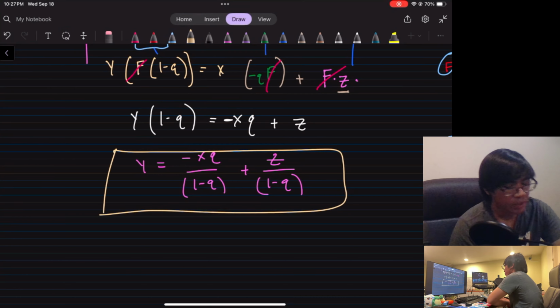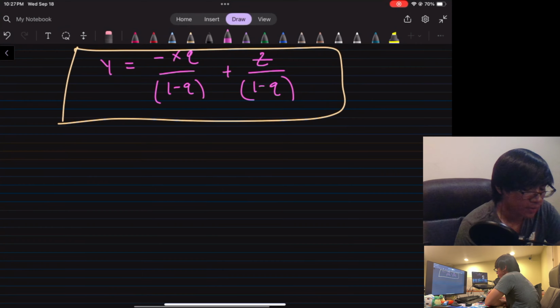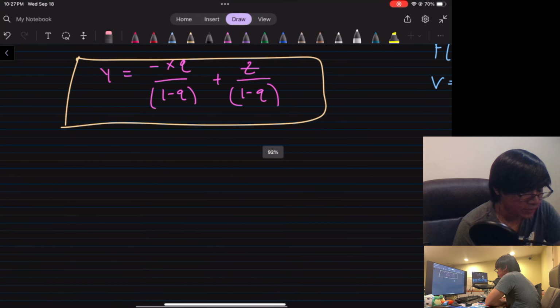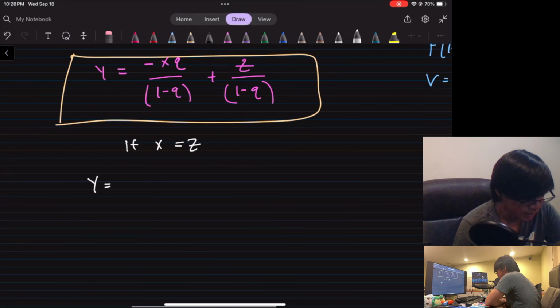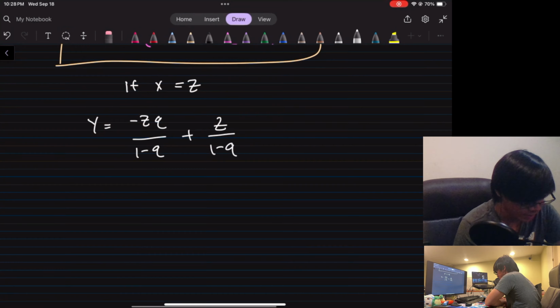And I said we were plotting points. So to plot this point, we'll do something like if x equals z, we'll have negative zq over 1 minus q plus z over 1 minus q. And I'll just rewrite this so you can see this better. I'll combine the terms since they have the same denominator.